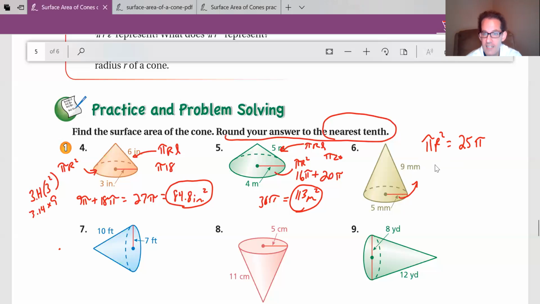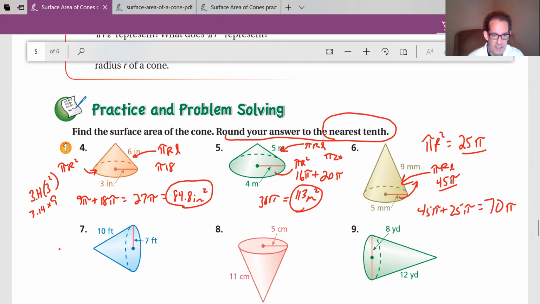So I know 9 times 5 is 45. So this is going to equal 45 times pi. Now I'm just going to add these two together. So I have 45 pi plus 25 pi equals 70 pi.